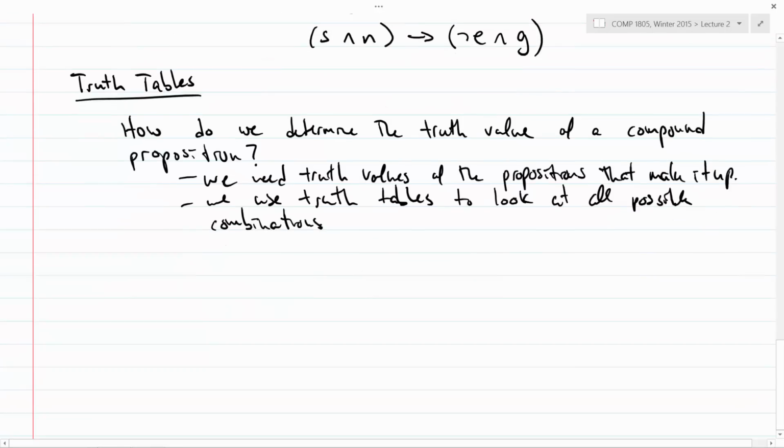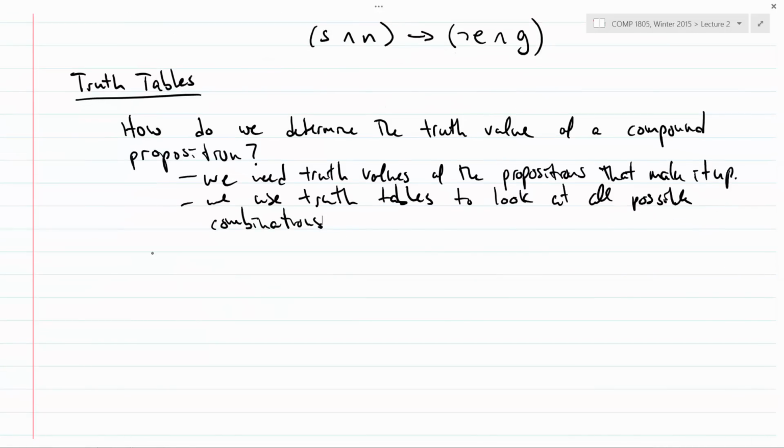All right, so let's talk about how to make a truth table. Well, we've already seen examples, but they were kind of simple. So you have one column for every proposition.